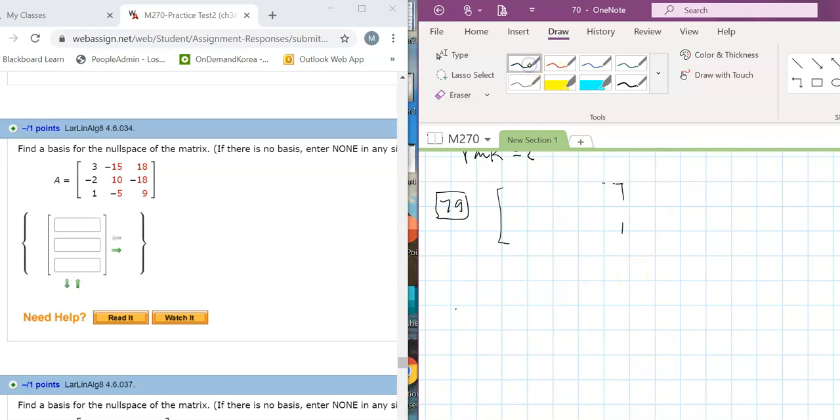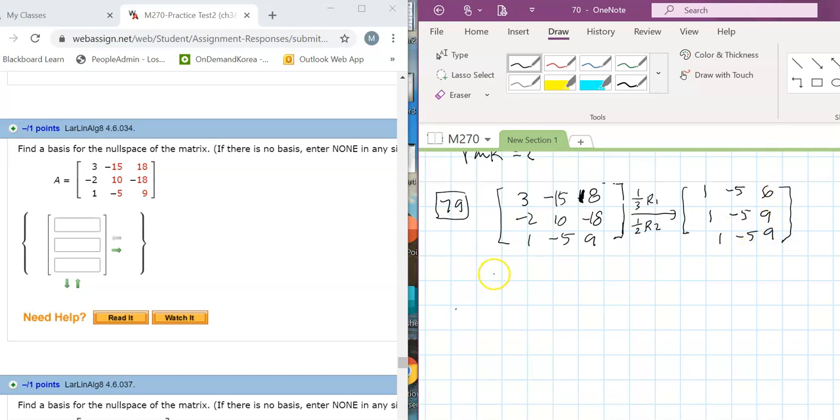So here, let me just repeat this one: -15 and 18, and -2, 10, -18, and then 1, -5, 9. I just divide by 1/3 all row 1, -1/2 all row 2. So 1, -5, 6, 1, -5, 9, 1, -5, 9.